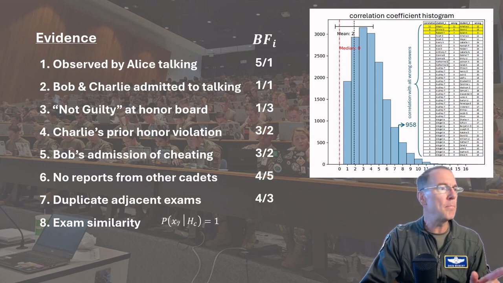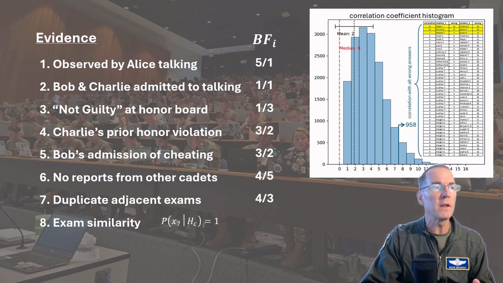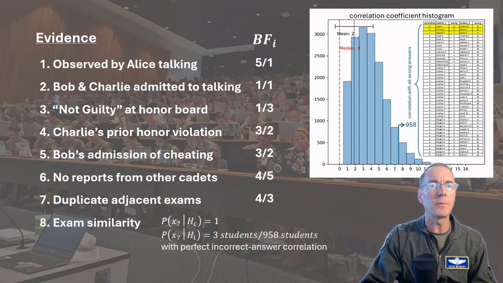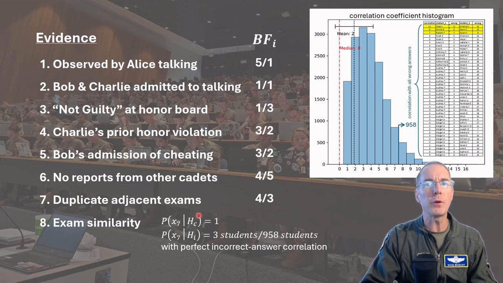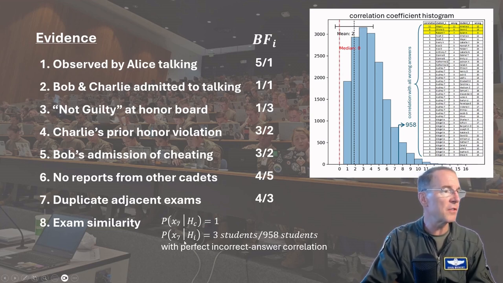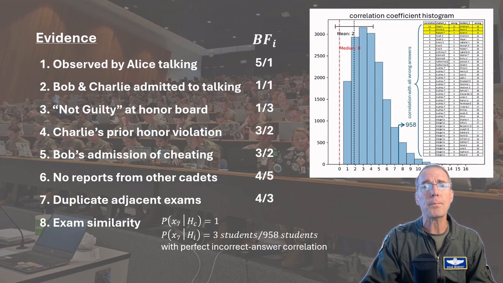So the probability of observing this perfect correlation of wrong answers under the assumption that Charlie's a cheater is 1. And the probability of observing this data under the assumption that Charlie's innocent is 3 out of 958. Therefore, we assess a Bayes factor of 958 to 3, or well over 300.